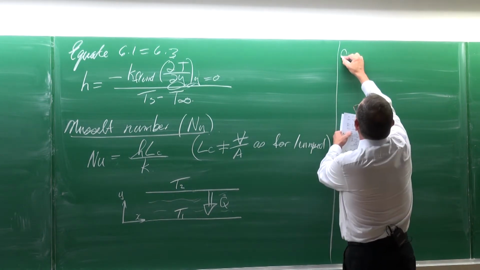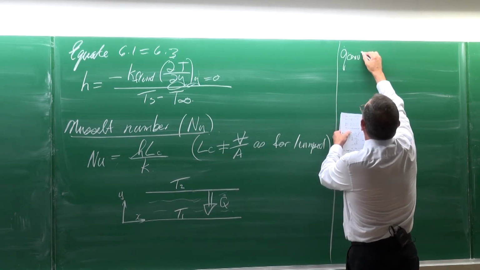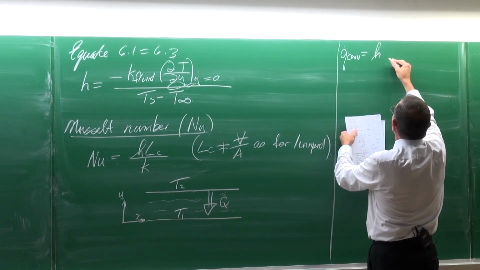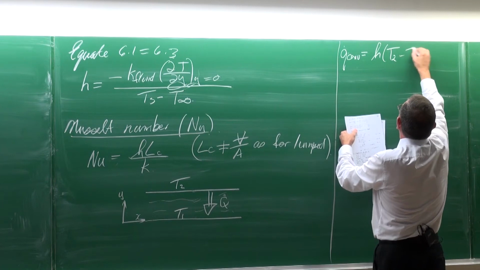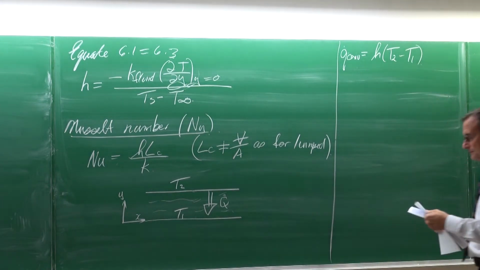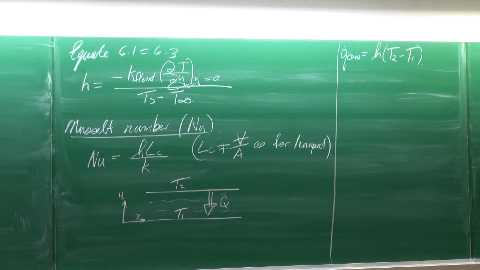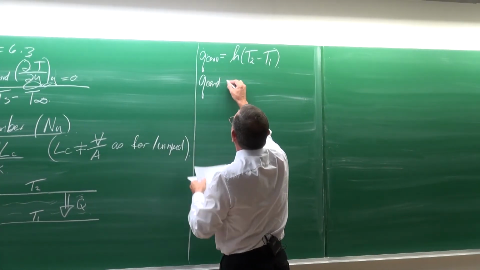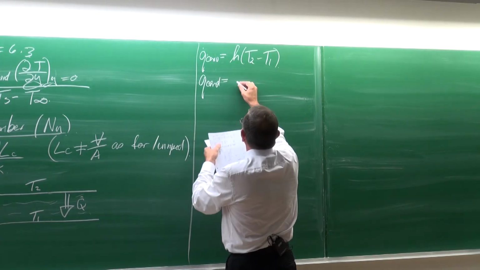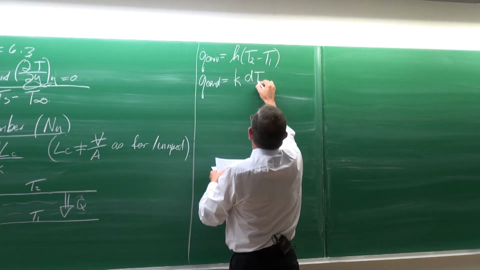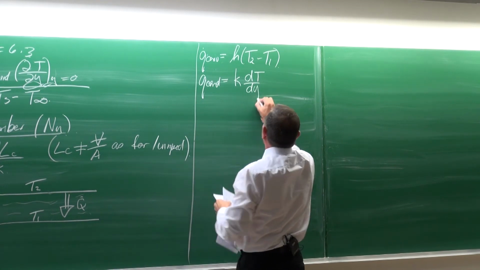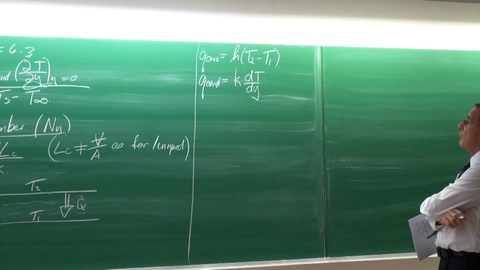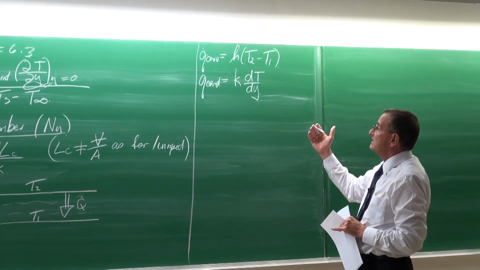And then we can write that the convection heat transfer is equal to the heat transfer coefficient multiplied by T2 minus T1. The conduction heat transfer would be equal to minus K dT/dy, you remember, for conduction heat transfer, minus K dT/dx or dT/dy.